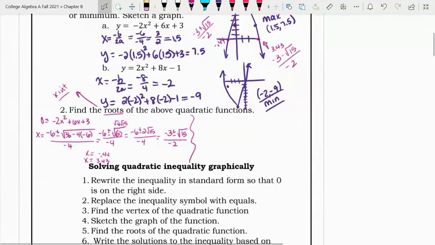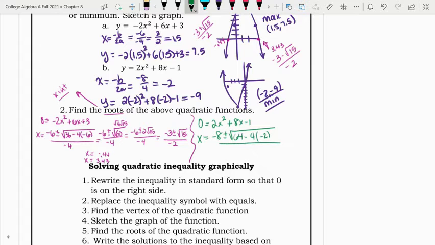All right, on the other one, let's check it. So let's change colors of pencil. So that one would be 0 equals 2x squared plus 8x minus 1. So x equals negative 8 plus or minus the square root of 64 minus 4 times negative 2 over twice a, 4.